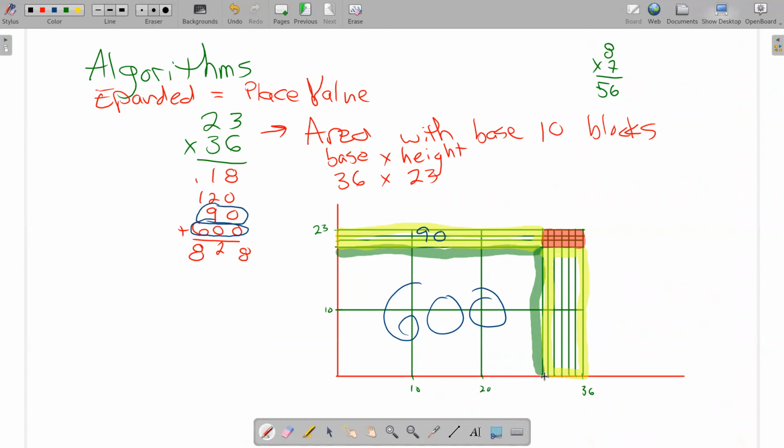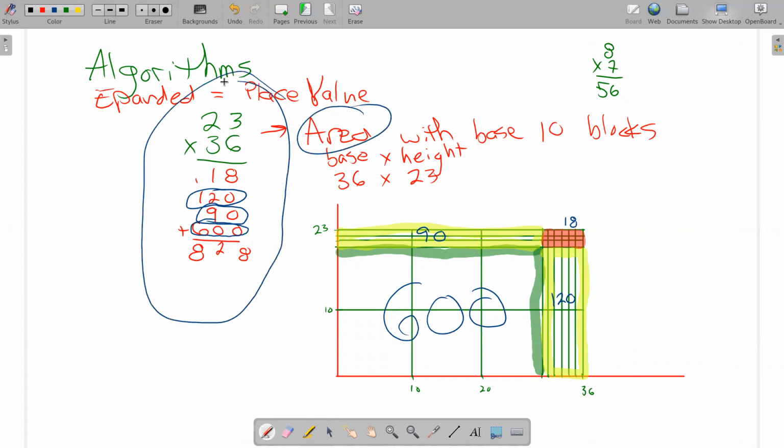Over here, I have a 6 by 2 group of 10s. So that's 12 10s or 120 right there. And then here I have a 3 by 6 region of singles, which is just my 18. So the base 10 blocks in an area show me the expanded algorithm. And so we'll use that to build our standard algorithm next time.